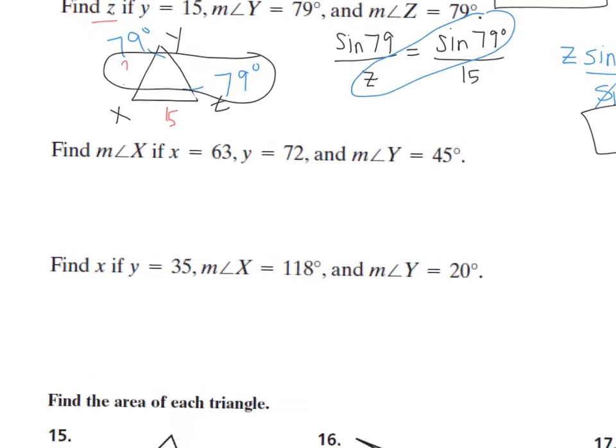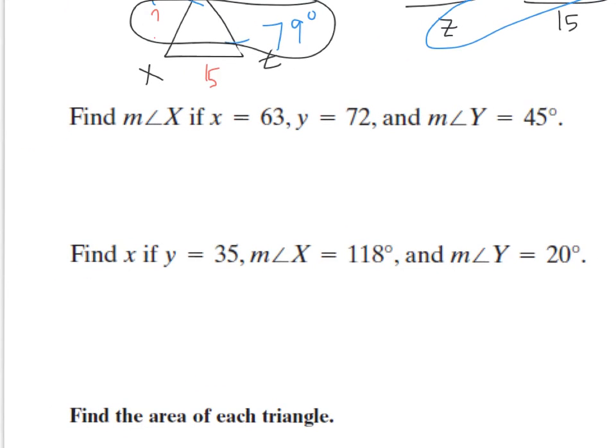Okay, so find the measure of x. We'll do one more of these. So draw x, y, z again. So x is 63. This is a side length. It's not a degree. We're trying to find x. And then y is 72, which is a side length.